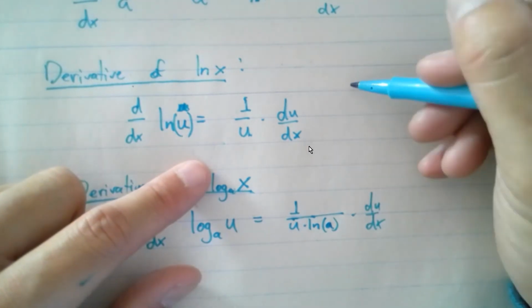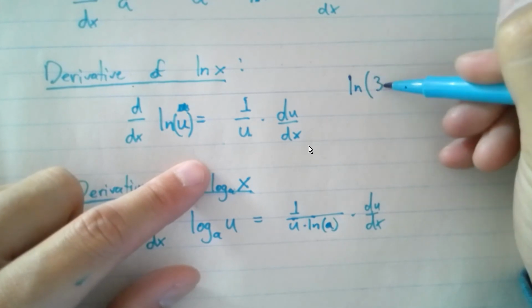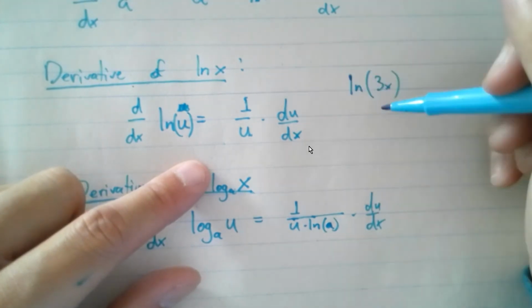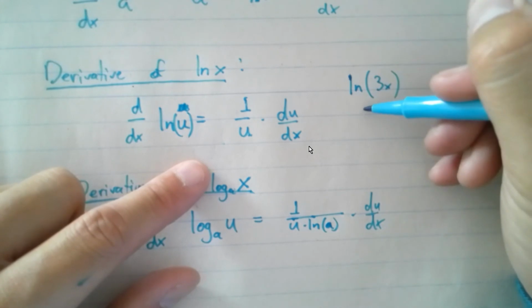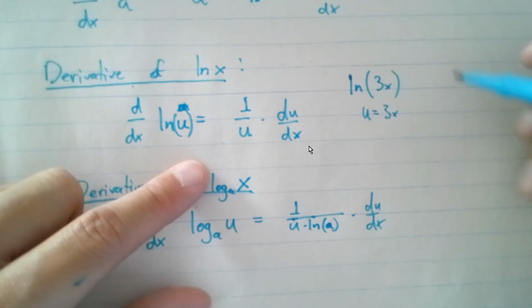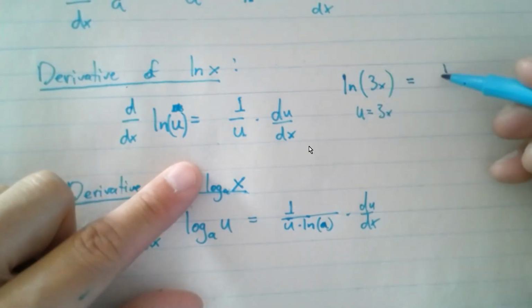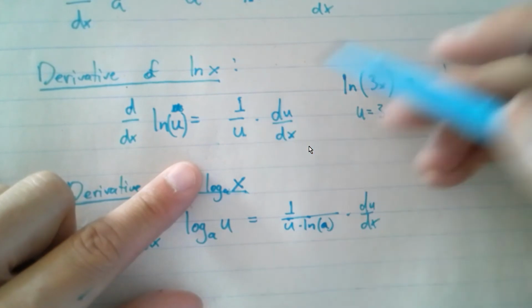I would have to show you an example, but let's say I took the derivative of ln of 3x instead of just ln of x. Let's say that u is equal to whatever's in there, which is 3x. The derivative of this would be 1 over u. What is my u again?